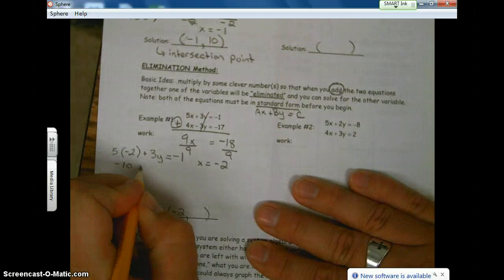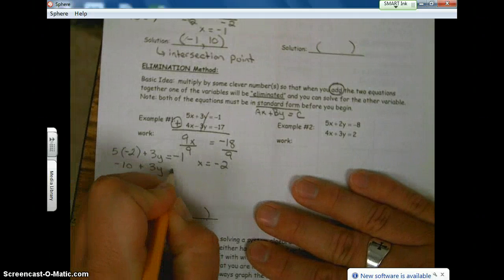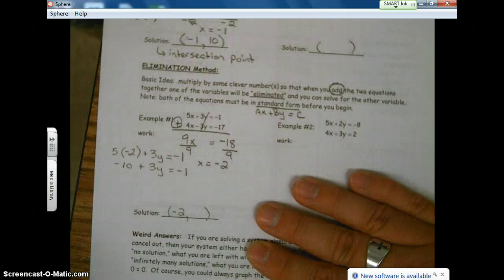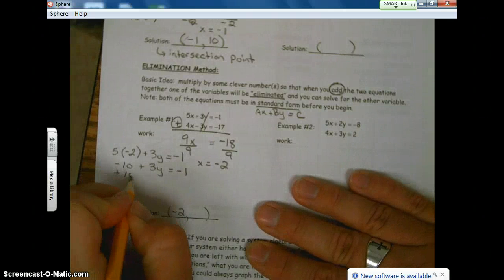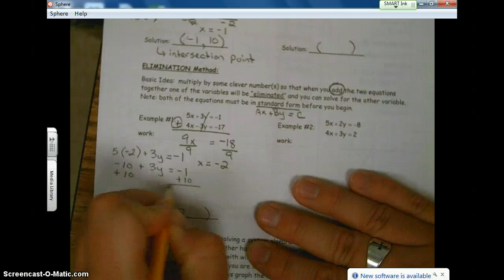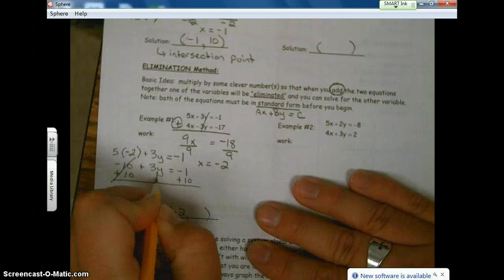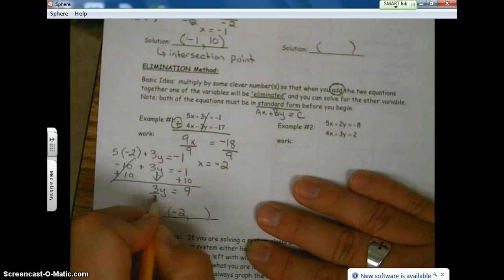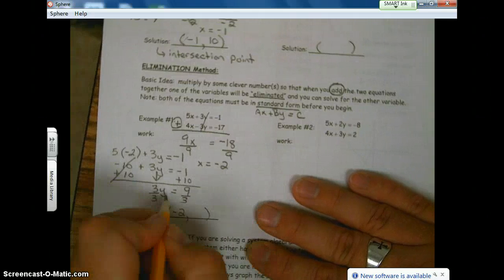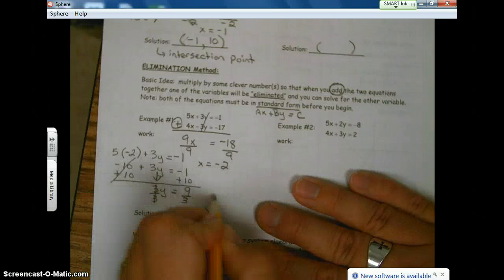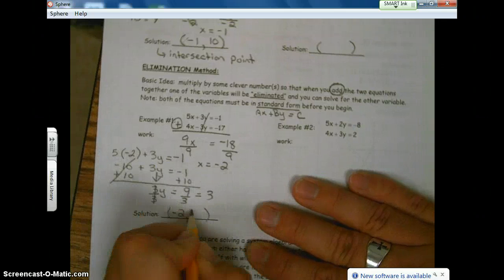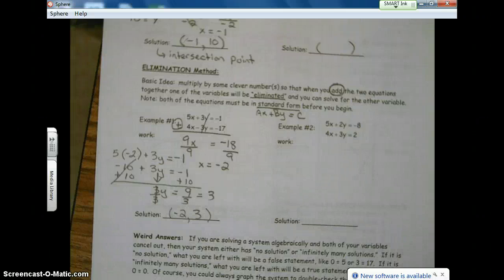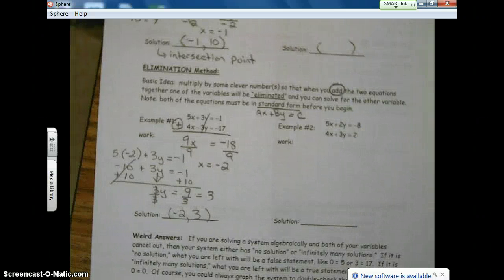Negative 10 plus 3y equals negative 1. We're solving for y. Add 10 on both sides. Bring down the 3y. 9, divide by 3. So we have y equals 3. And there's your point of intersection. -2, 3.